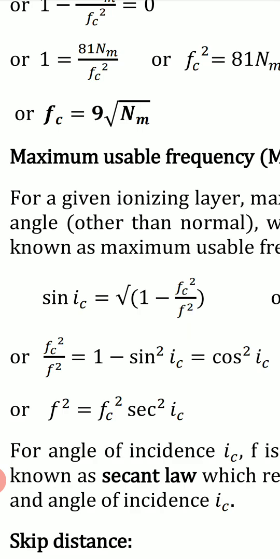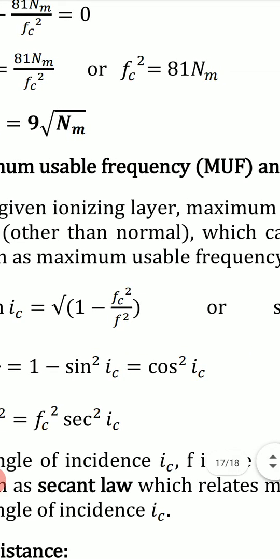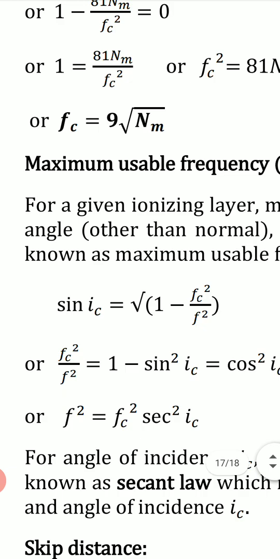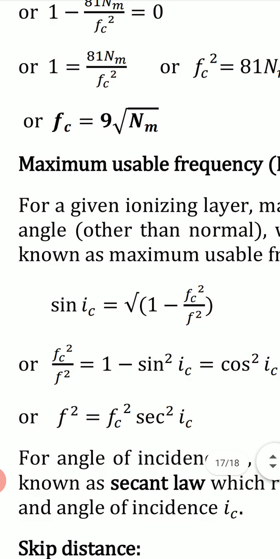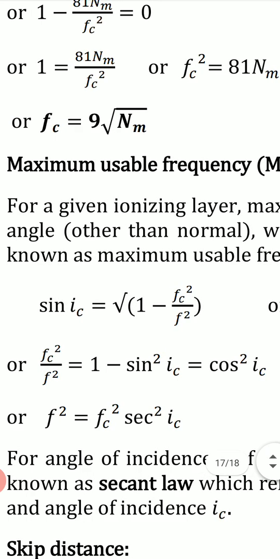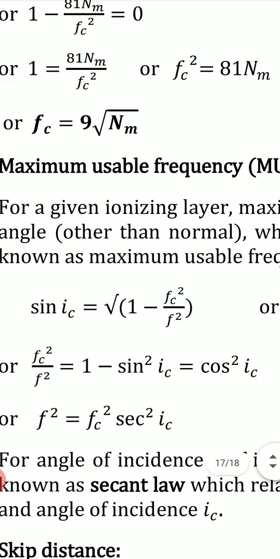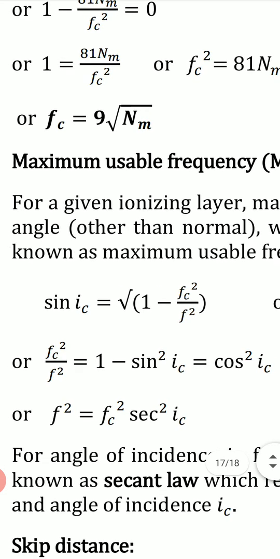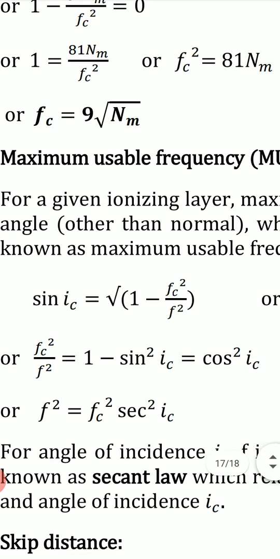For critical frequency FC, it is the maximum frequency of radio wave which can be reflected back by ionizing layer, and it is for normal incidence. And this maximum usable frequency, it is also the maximum frequency of radio wave which can be reflected back to Earth's surface, but it is for angle of incidence which is not normal incidence, which means when I is not equal to 0.